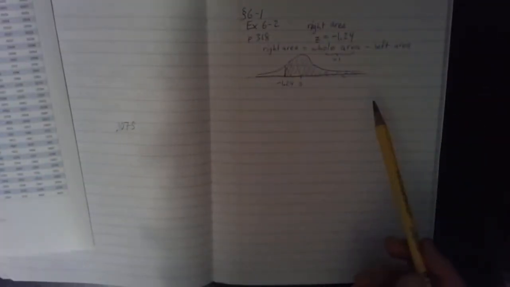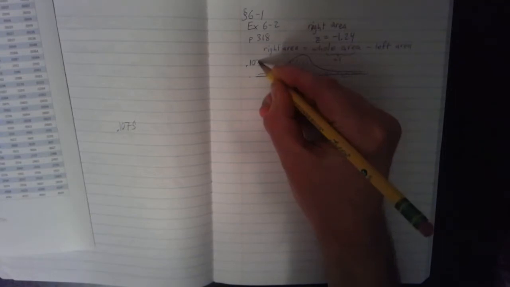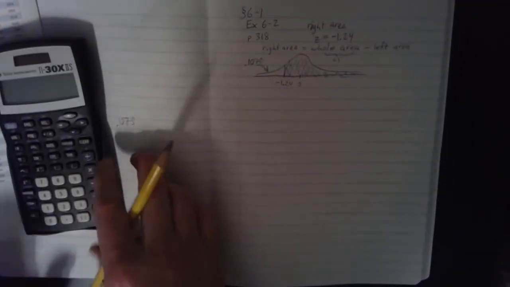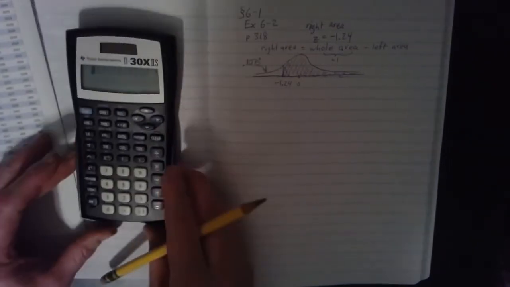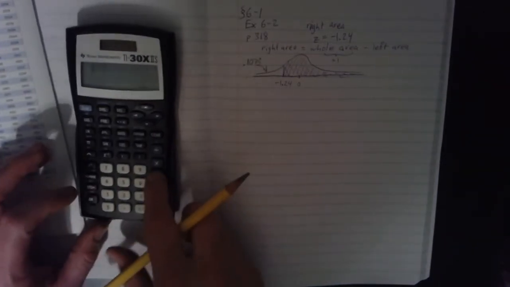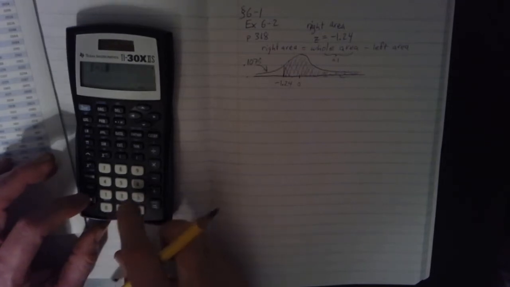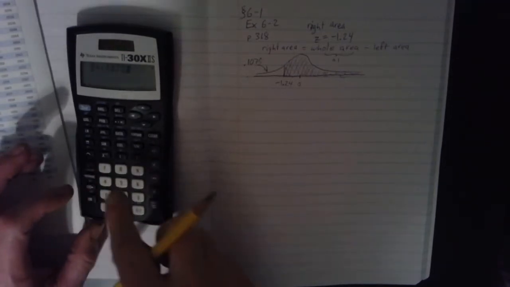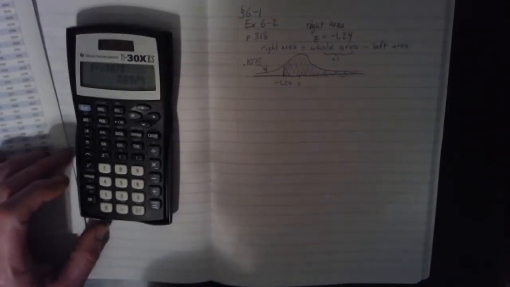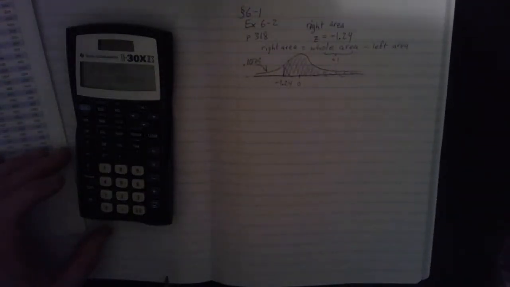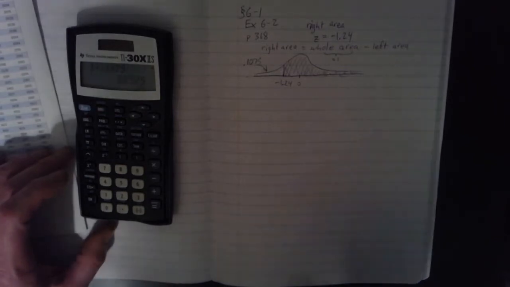So that was what we looked up in our table. That would make this area right here, the left area, 0.1075. And so we're going to do 1 minus that. We're going to do 1 minus 0.1075, and that would give us 0.8925.